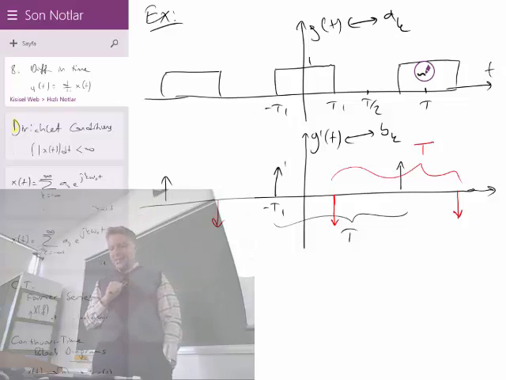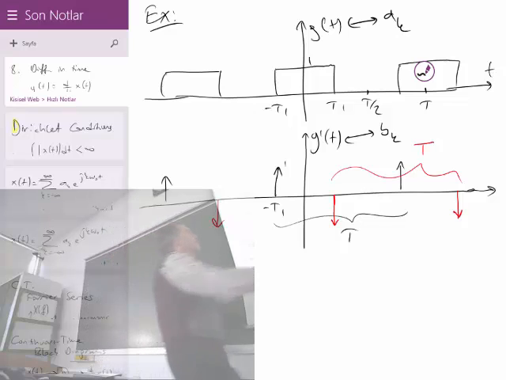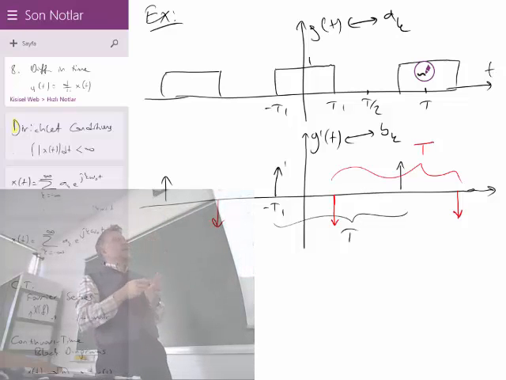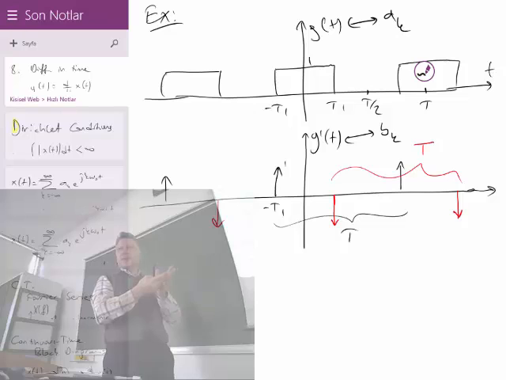Why can I clearly see that? Because 1 over T are Fourier series coefficients of these ones, and you have to multiply with a negative complex exponential, e to the minus jk omega 0 t1.